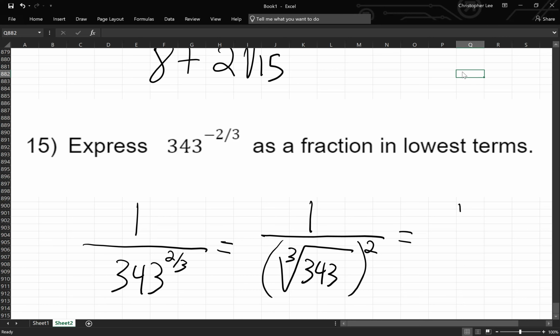Seven, right? So this becomes 1 over 7 squared, which is 1 over 49, right?